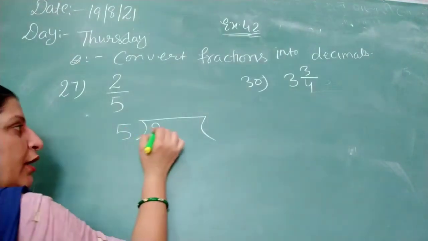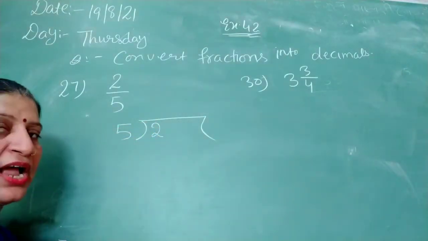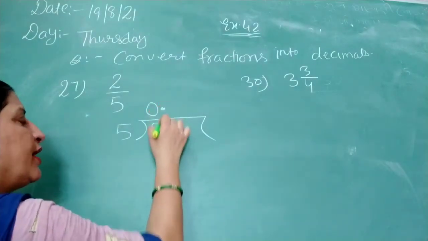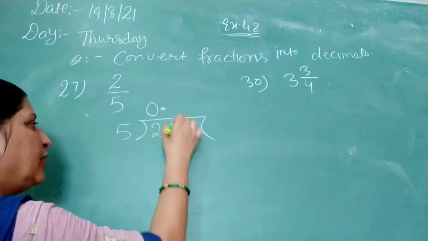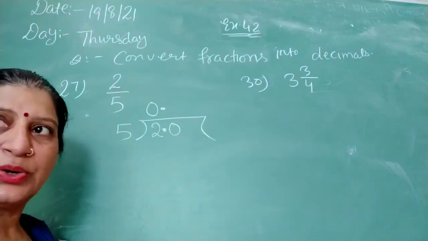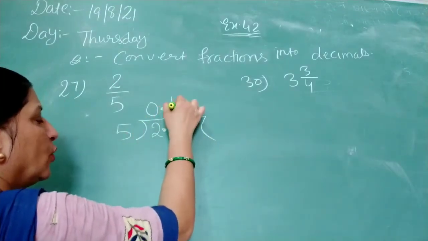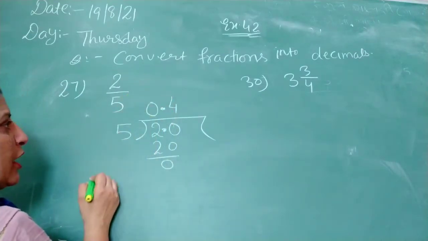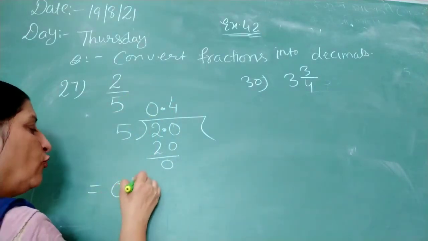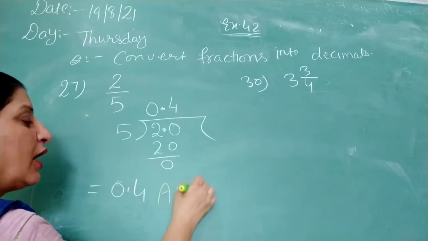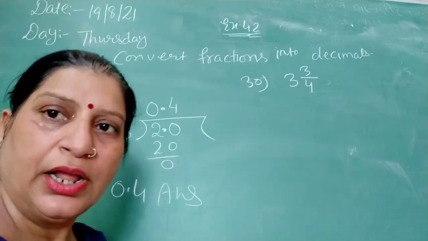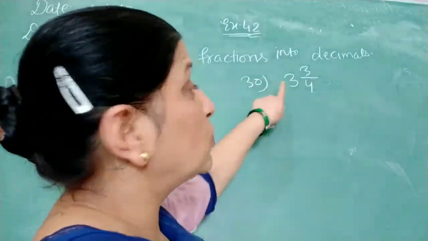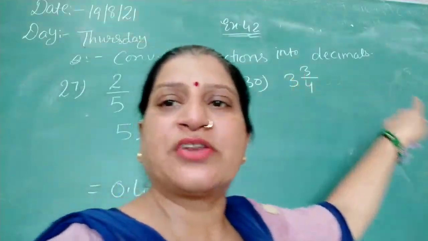Now 2 is smaller than 5, so here we put 0 and put the decimal, and after the decimal here we put 10. Now 5 4s are 20. So our number becomes 0.4 and this is our answer. Clear this one?